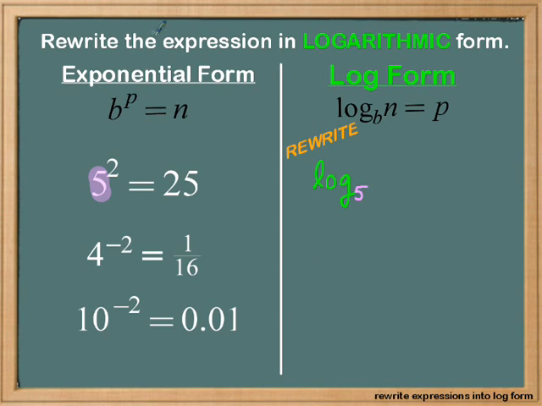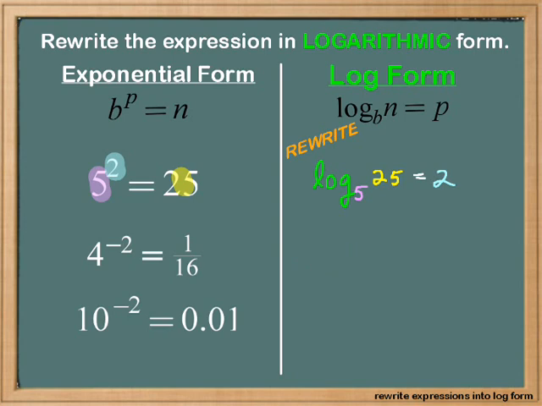Well, we see that we need the number N. So the N is going to come next, and our N is 25. So I'm going to write 25 next to that word log, keeping that on the same level with the word log. The 5 is now a subscript, and we are going to equal the power. What's the power here? The power is 2, so I'm going to go ahead and write 2. And that is how we write a log form. Log base 5 of 25 equals 2.